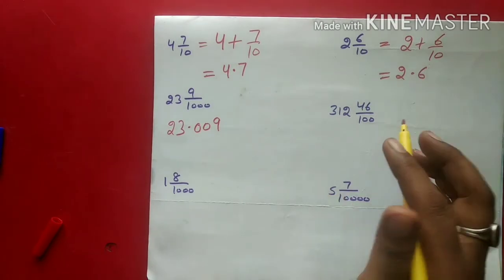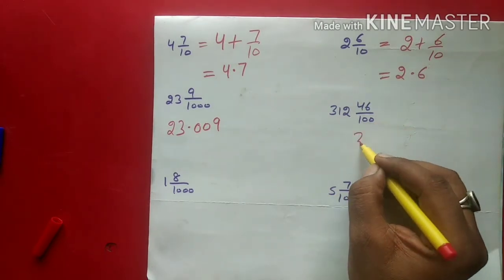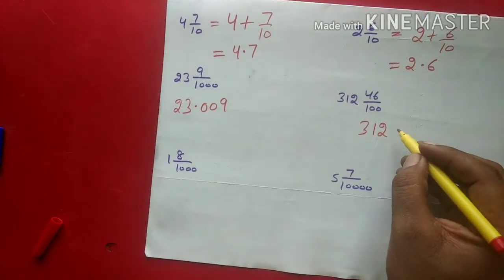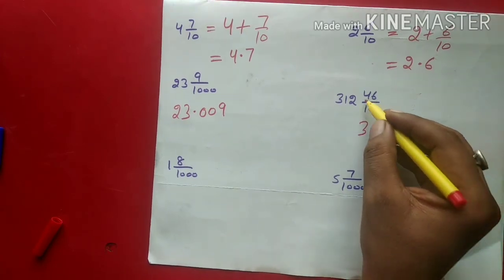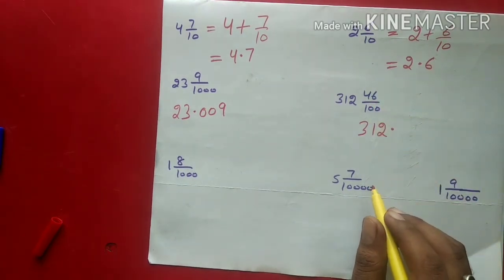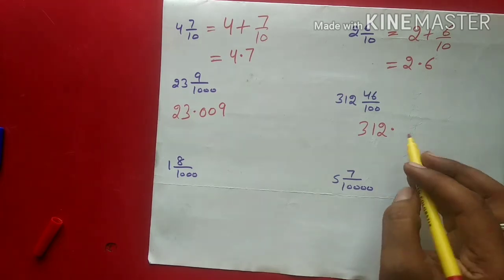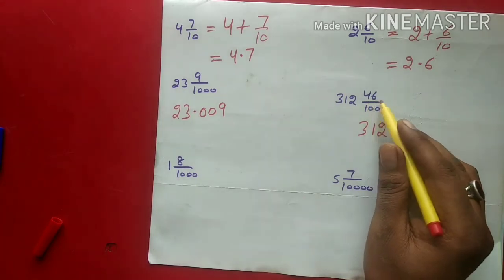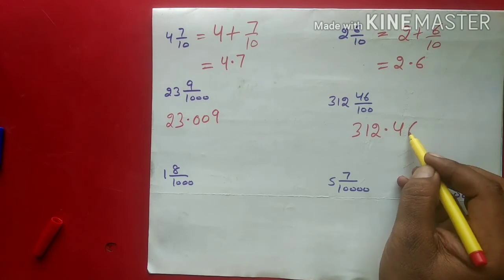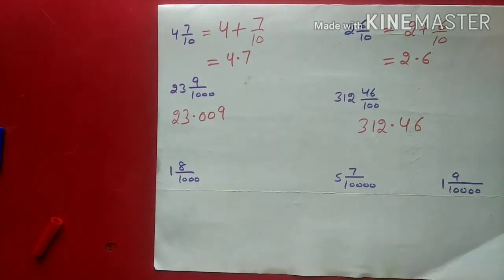Now same case is here, 312. 312, after that you will write decimal. Now 46 over 100. 46 over 100 means only 2 digits, after decimal there should be only 2 digits. Okay, so decimal, and there are already 2 digits given, so I will write 46. So in this way you can write the answer.